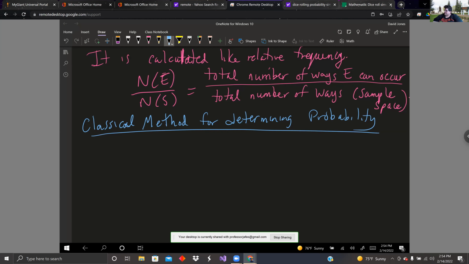So what must be true to do this? All outcomes must be equally likely. Not all events, all outcomes.